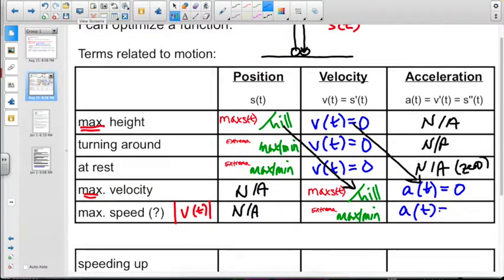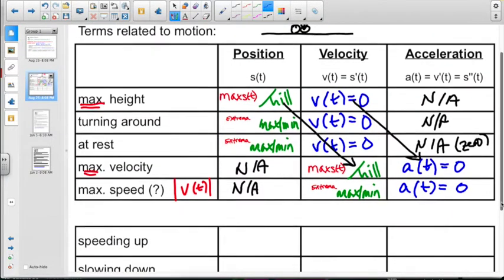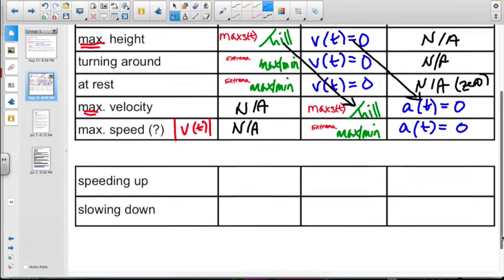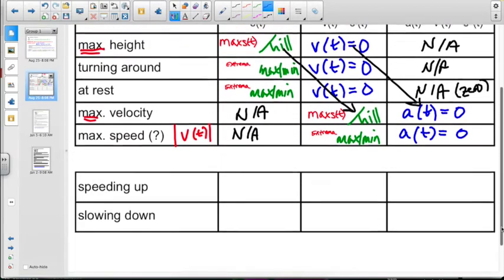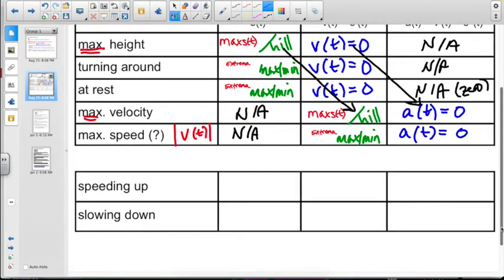The derivative of the velocity function, notice I'm saying derivative of velocity function and I'm writing acceleration because it means the same thing, at a hill and a valley is 0. Okay? So the homework for tonight is just to optimize whatever function it is they're asking you to optimize. It might be position, it might be velocity.